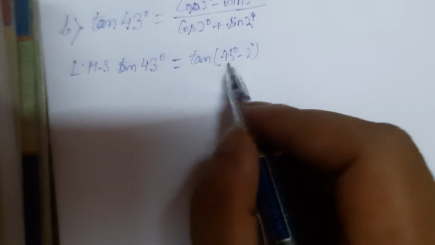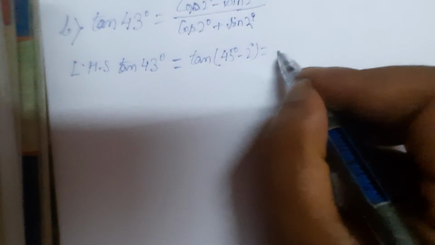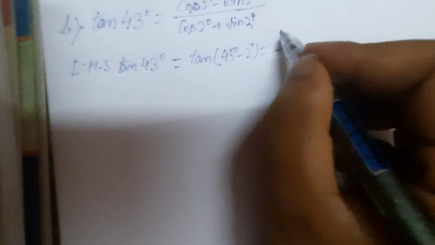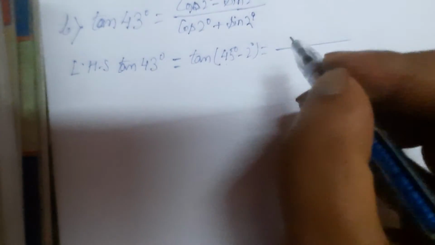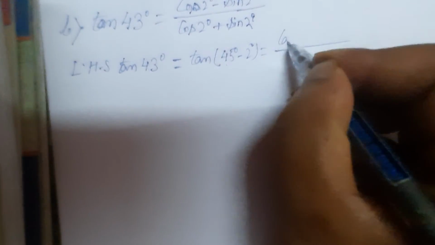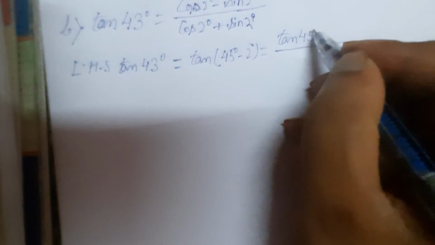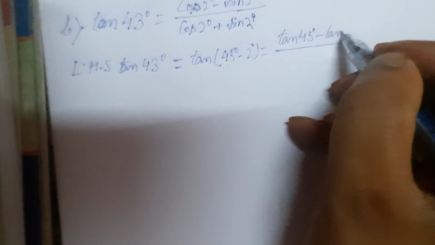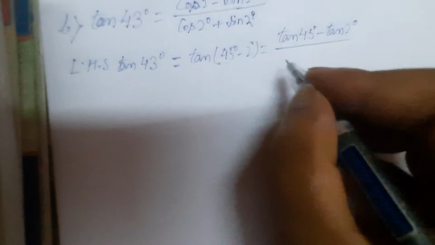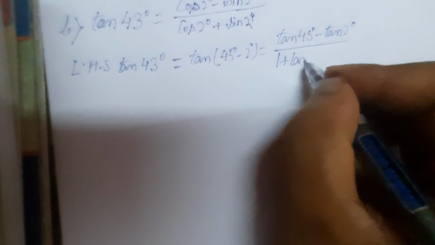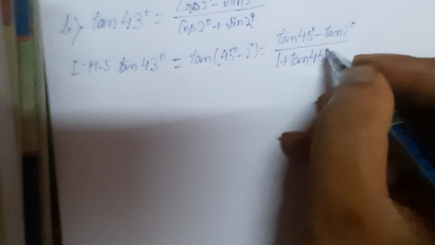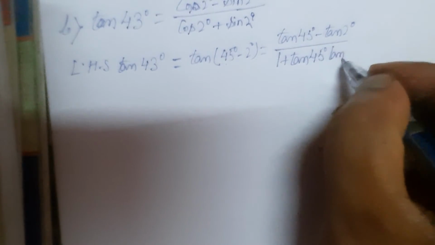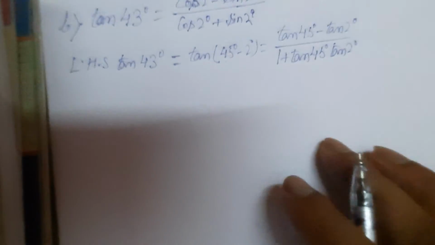Now we can use the tan of a minus b formula. What is the formula of tan of a minus b? Tan a minus tan b by 1 plus tan a tan b.